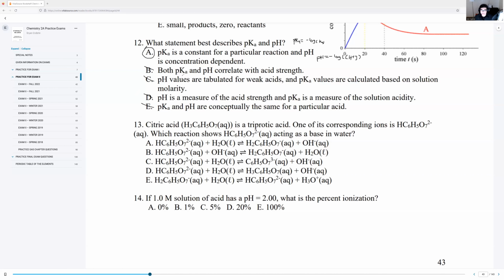If you get some base, usually it has some sort of minus, plus water, you're going to get the conjugate acid with a hydrogen plus OH minus. So it's not B, we should have water on the left side. It's definitely not E, we shouldn't get H3O plus on the right.